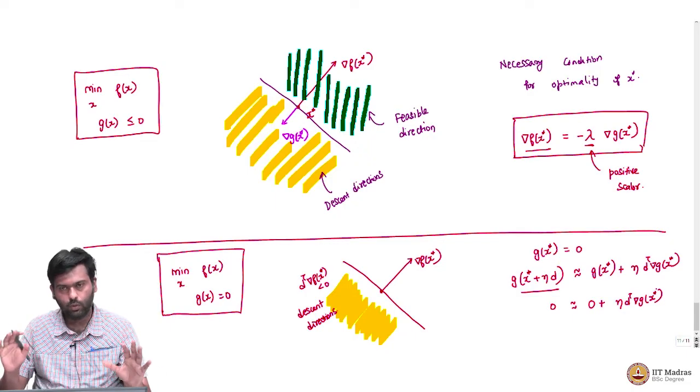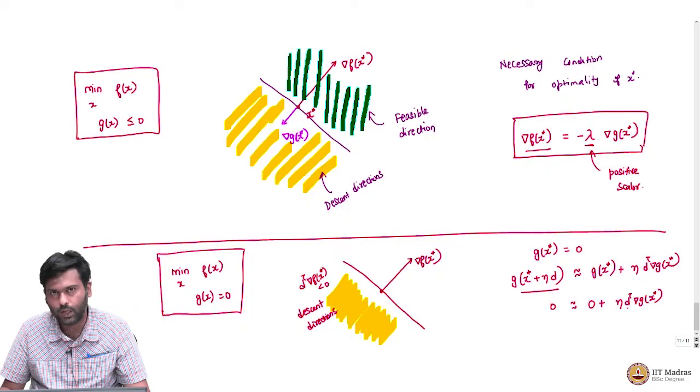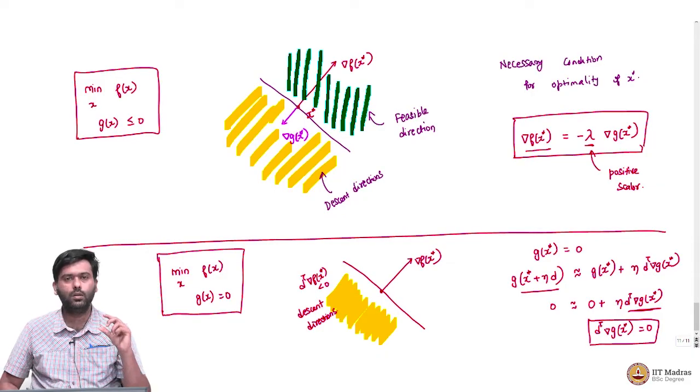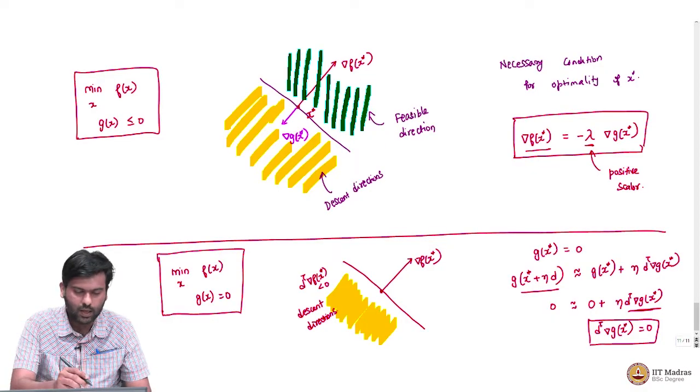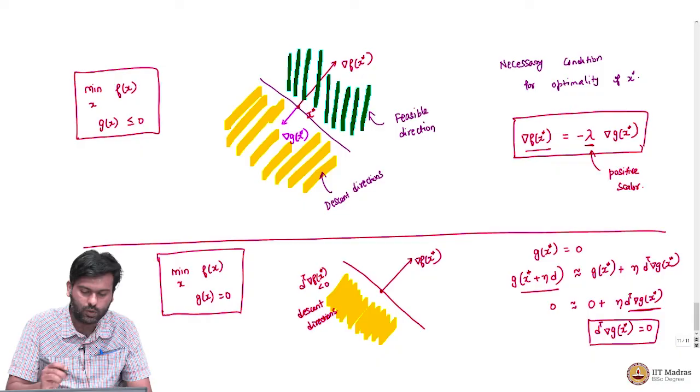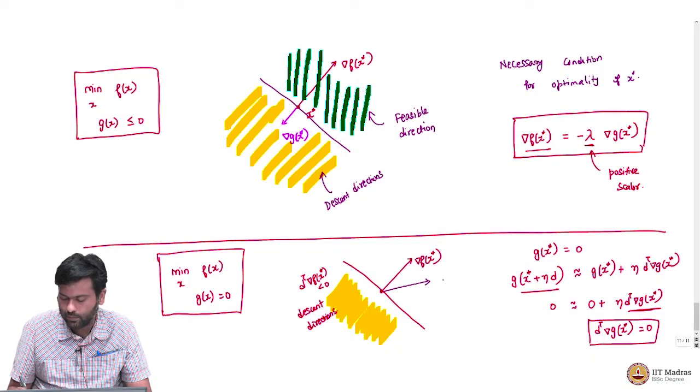So, this is again an intuitive picture saying that if this condition has to hold, then we want to move along a direction d which makes a dot product of 0 with the gradient with respect to g. So, let us say the gradient with respect to g was pointing again in this direction, del g of x star.